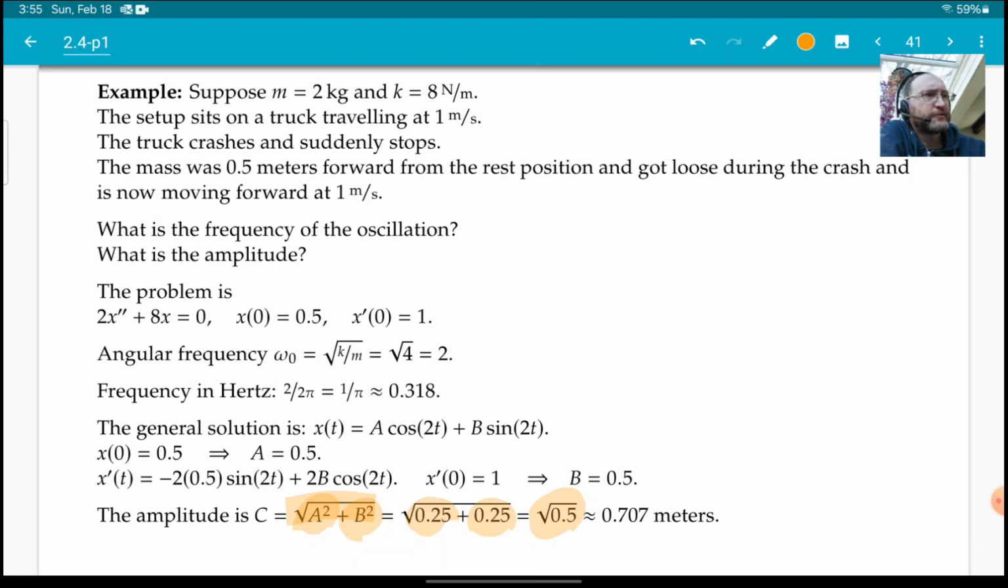So that's the amplitude. That's how far forward from the rest position the extreme is, how far it will go. It will go there, and then it will go back. And it will take a little bit over 3 seconds to complete one cycle.